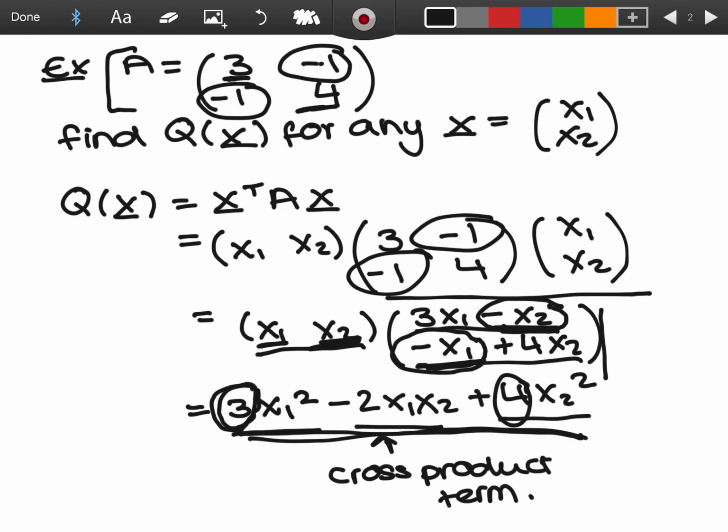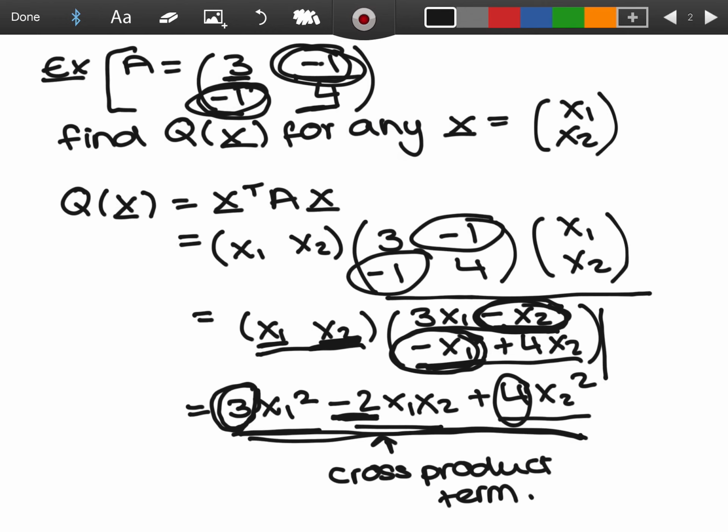The way that those two came about was because of these two entries here, which was because of these two entries here. So this negative 2 came about because I had a negative one here plus a negative one here.